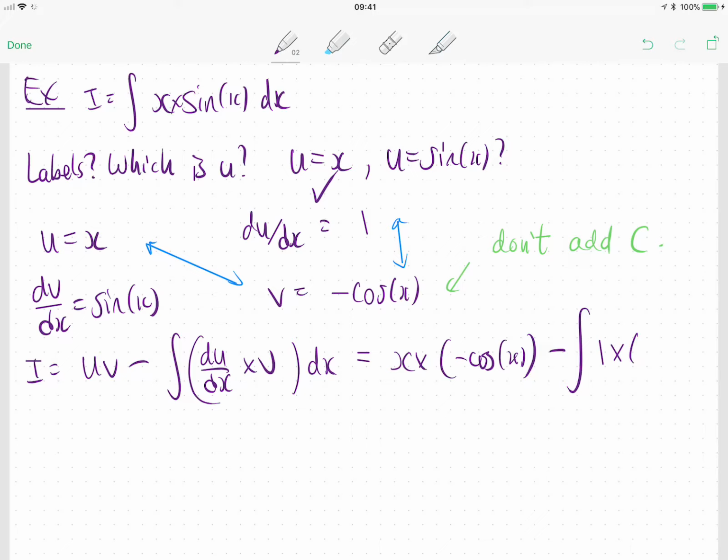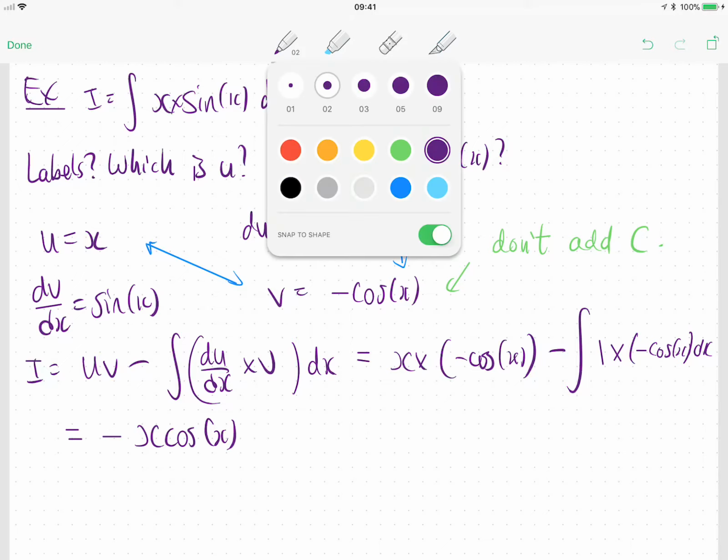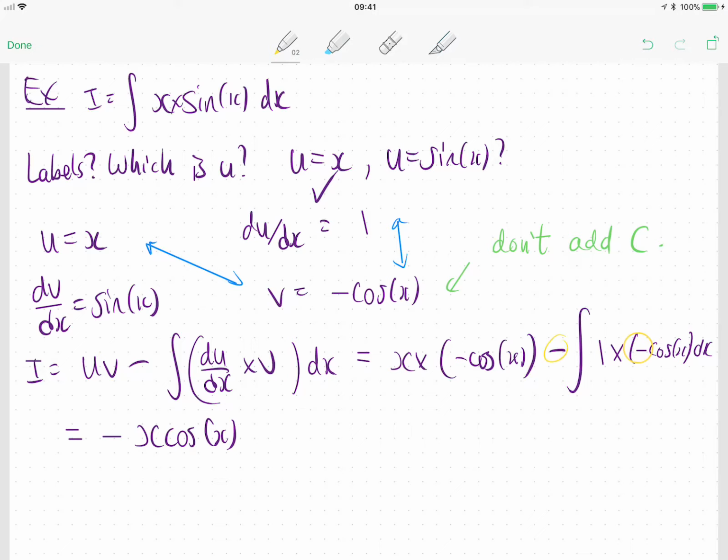So it's 1 times minus cos x dx. Okay, so I'm going to simplify a little. I'm going to put the negative at the front: negative x cos x. And it depends how confident you are with the integration. There's a negative here and a negative here, so you could just integrate cos x. I think I'm going to write it rather than do it. Okay, so the negative comes to the front, so positive.